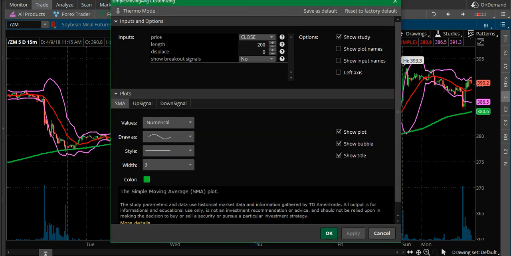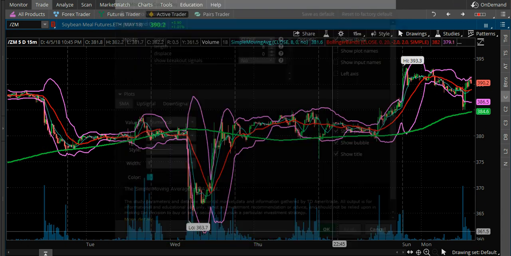But if you just go in there and right click, edit, like I just did there, and then change this down to an 8-period moving average, and then I like to make mine a light blue so that's easy to tell, and I keep it at 1 so that's really thin. And if you click apply, you'll see it show up on your charts, and then you're okay from there.